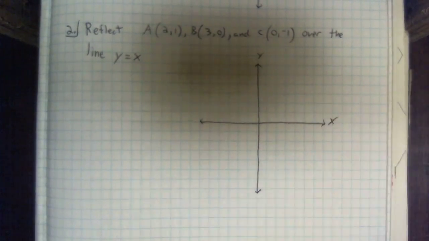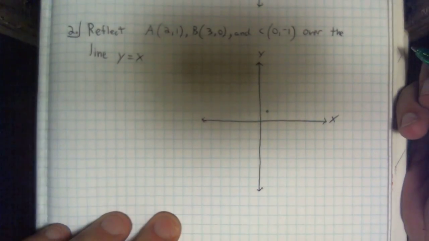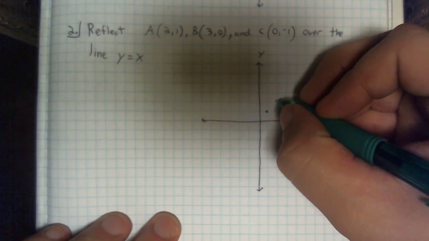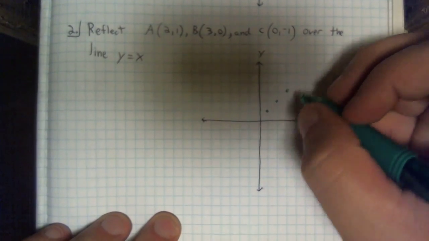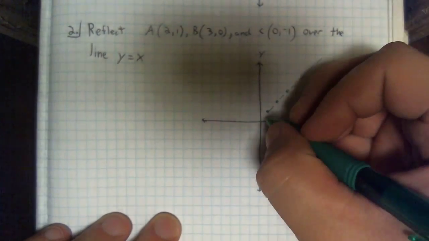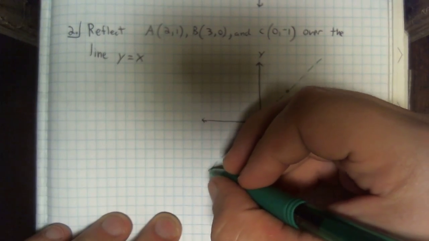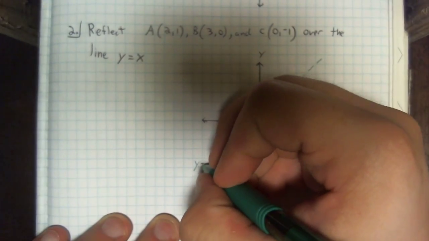Right? So that would be that point right here. And if I plug in 2 for x, I would get 2 out for y. And if I plug in 3 for x, I get 3 for y. So you can kind of see that the line of reflection is just going to hit all of these corners of all of these boxes. So that's the line y equals x.